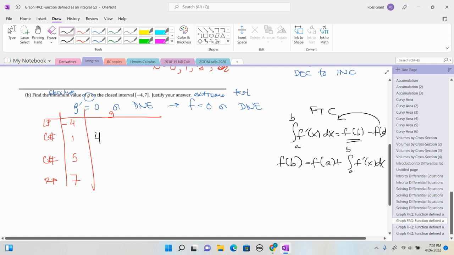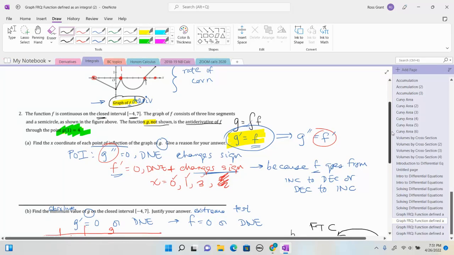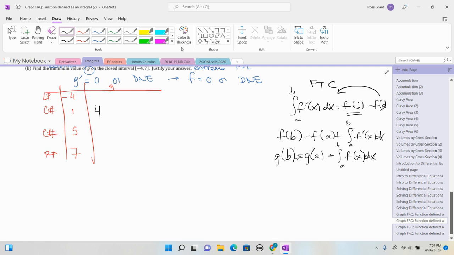And let's personalize this even more. Instead of f and f prime, who is the derivative again? f is the derivative and g is the original. So the final amount is equal to the initial amount plus the integral of the rate, and the rate here is f. Okay, cool. So we are going to plug into this.